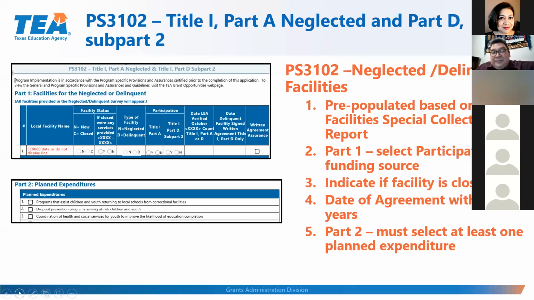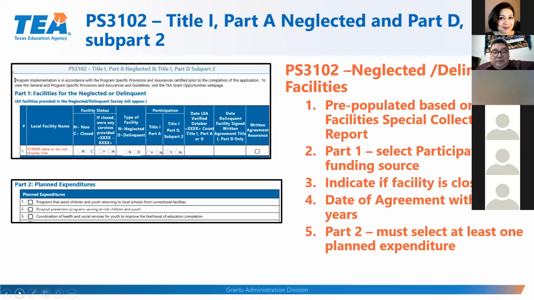We ask you to update them. Sometimes you don't need to. If it's more than 2 years old, your negotiator may ask you just to verify that it still meets all the intent of your partner at the facility, of the services you will be providing and the services they will be providing as part of the partnership. And then you just check the written agreement assurance that you are following all of that.